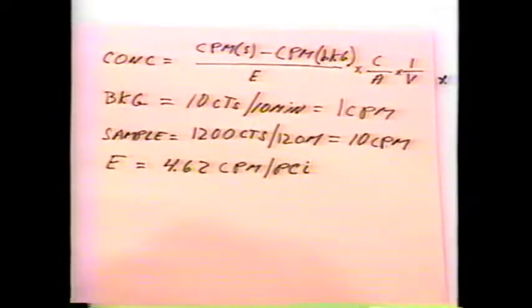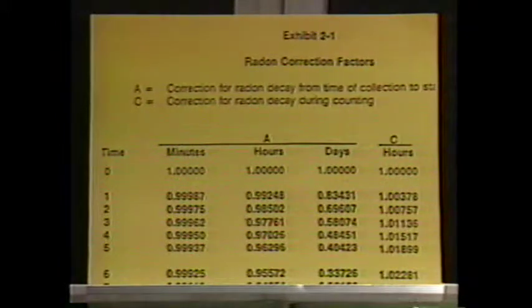And the correction factors are given in Exhibit 2-1, which I have on display over here in this visual. You also have it following, it should be the very next page in your workbook, and you see there are corrections for parameter A and a correction for parameter C. There's A right there and C right over here.